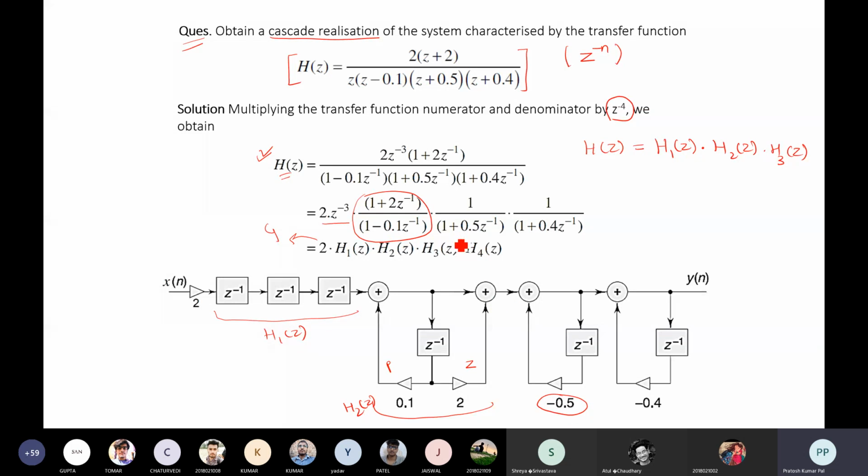To make it minus, we can represent it in the generalized expression 1 minus 0.5 z inverse. So whatever sign is there, that is minus 0.5, will be the coefficient here.